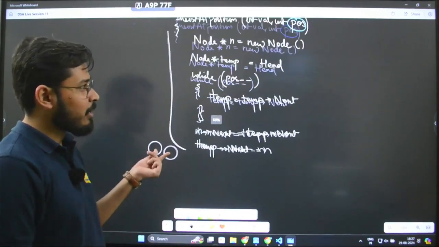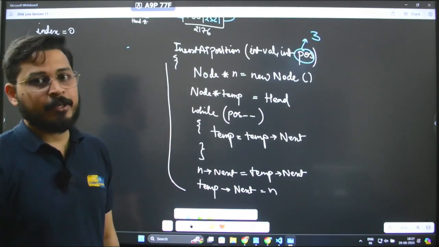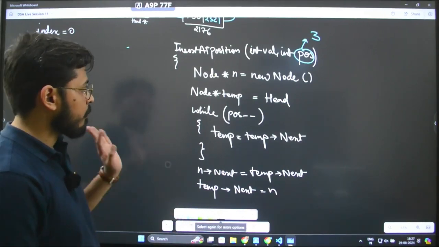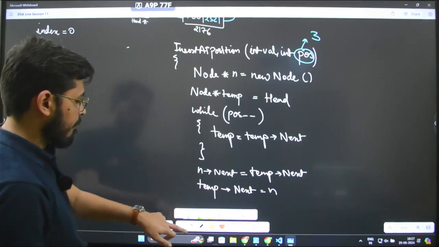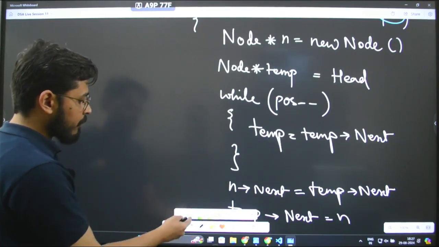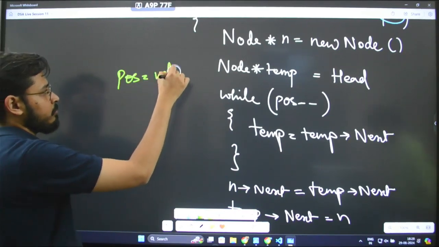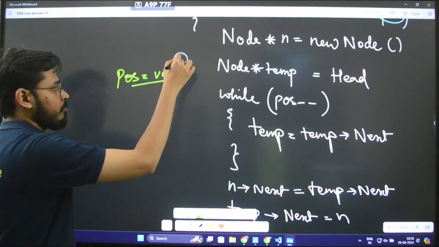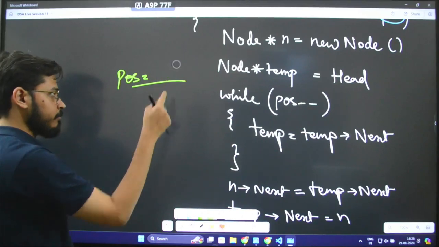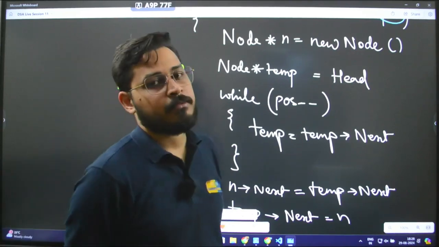This whole program will only work when, wait, let me explain. This program will only work when our position is valid. Understood? When our position is valid. It will only work then.